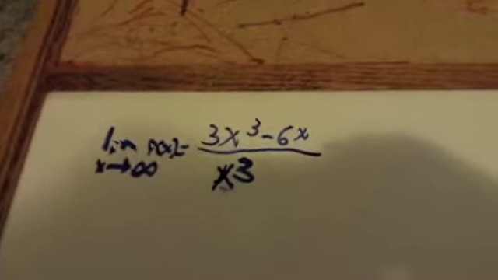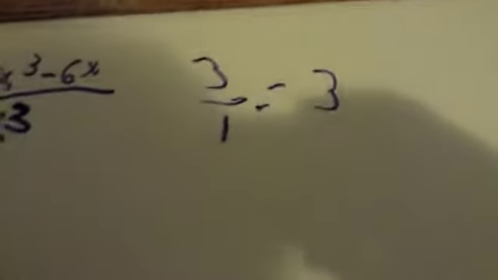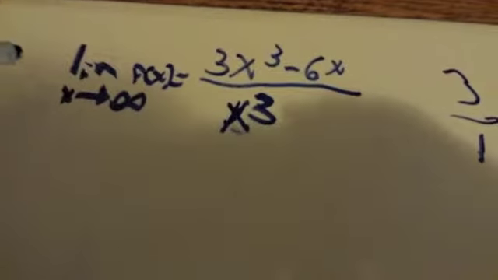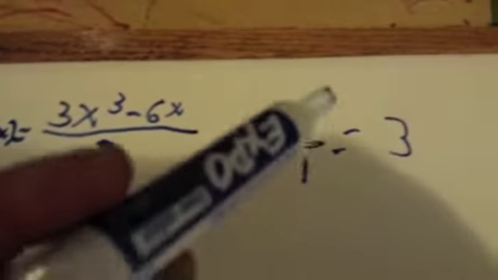So what we're going to do here is take the ratio of the leading coefficients. So that's going to be 3 over 1, which is just 3. So therefore, the limit as x approaches infinity of this function is just 3.